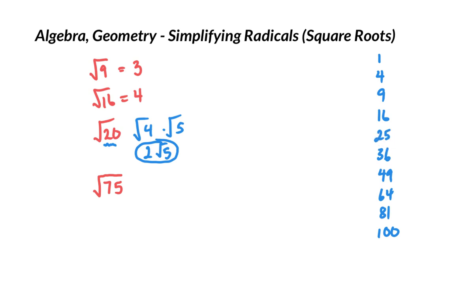This will work. 75 can be written as 25 times 3. But that's the square root of 75, so it's the square root of 25 times the square root of 3. The square root of 25 is 5. And again, you'd say, well, square root of 3 is 1 point something, and just multiply that by 5, gives you a nice idea of what the square root of 75 would be.